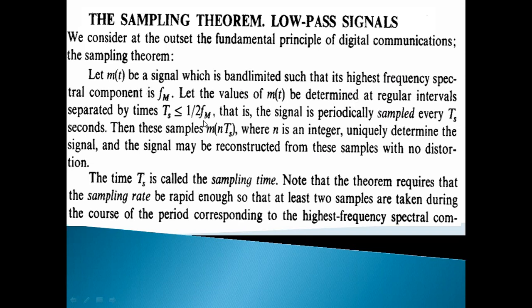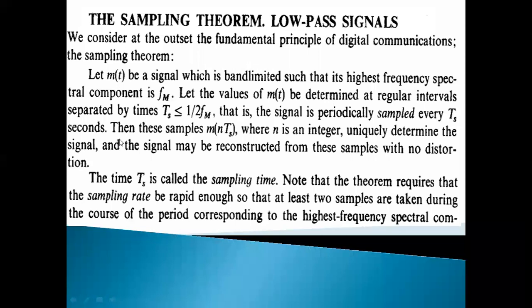The 2 fM is because the spectrum is considered from 0 to fM on one side and 0 to minus fM on the negative side, so overall the bandwidth is 2 fM. That's why the sampling time should be less than or equal to 1 by 2 fM. So the signal is periodically sampled every Ts seconds.